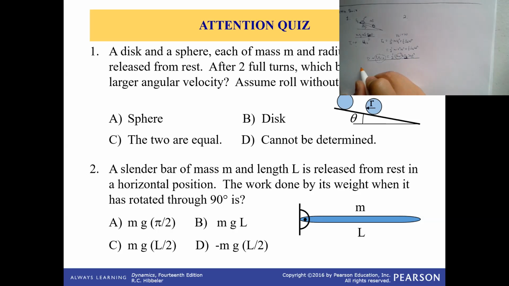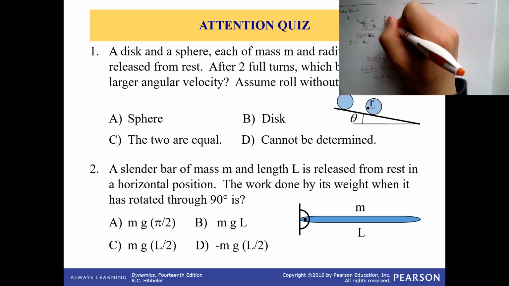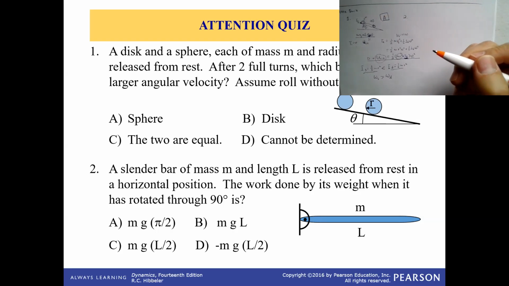Now I for a sphere is 2/5 m r squared. I for a disk is 1/2 m r squared. So you can see the sphere is less than the disk. So the sphere will have larger angular velocity, because omega of the sphere is going to be bigger than omega of the disk. So A will be the answer for the first one.